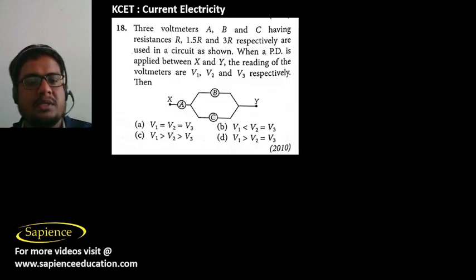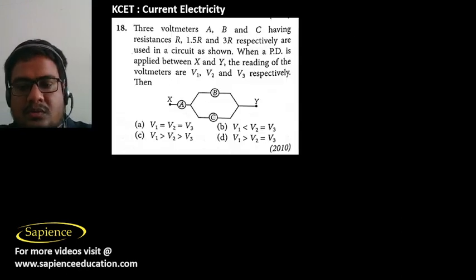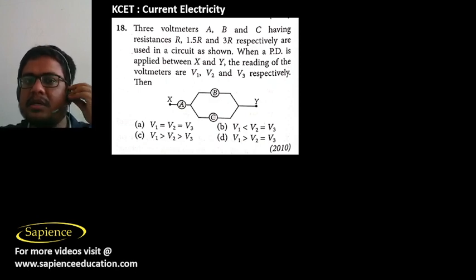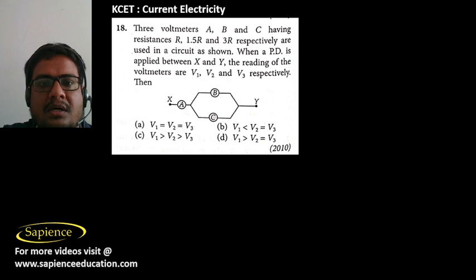Then in question number 18, it's told that 3 voltmeters A, B, and C having resistances R, 1.5 R, and 3 R respectively are used in the circuit as shown. When a potential difference is applied in between X and Y, the reading of the voltmeters V1, V2, and V3 will be respectively.